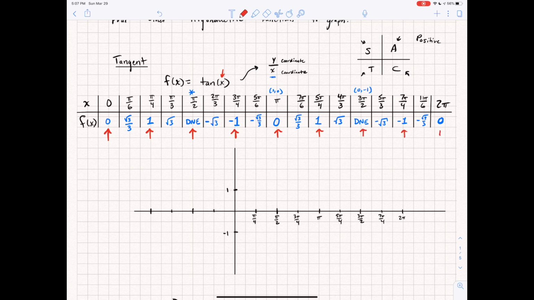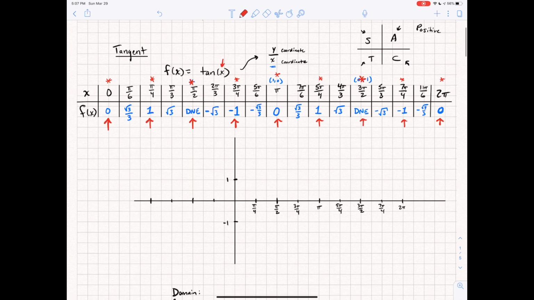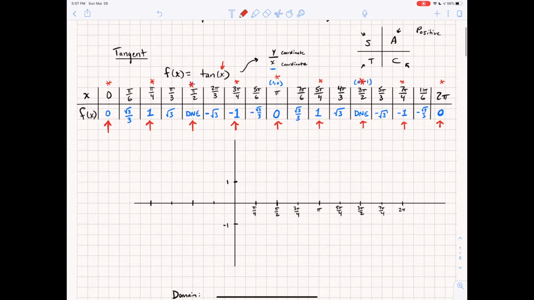Essentially, I'm going to graph all of the zeros and pi's, so here. I'm going to do all of the over 4s and any of the over 2s right here. You'll see I've already marked these on the graph below.